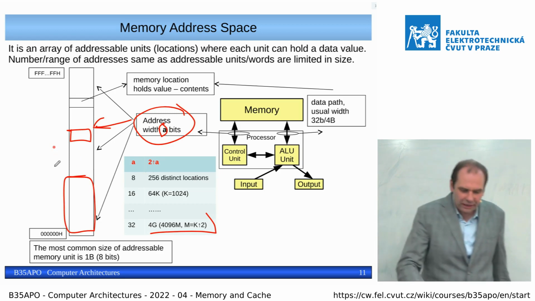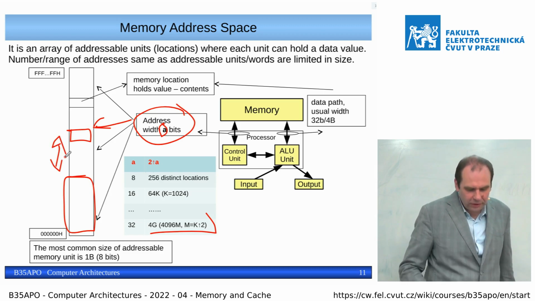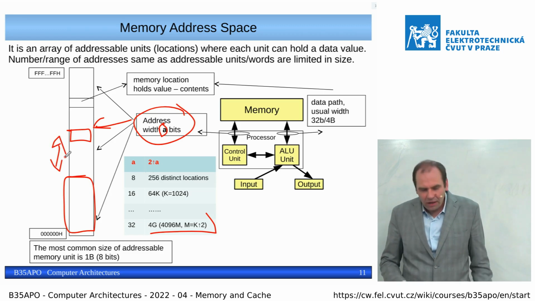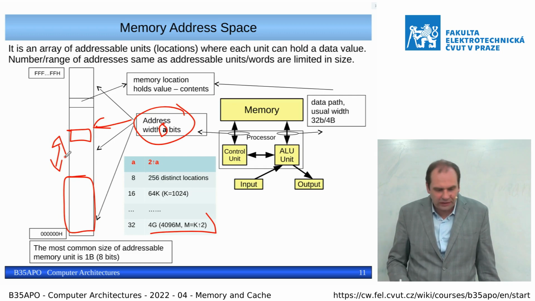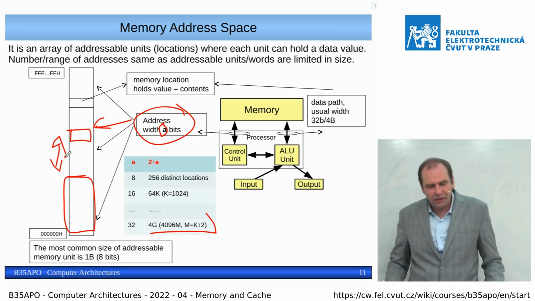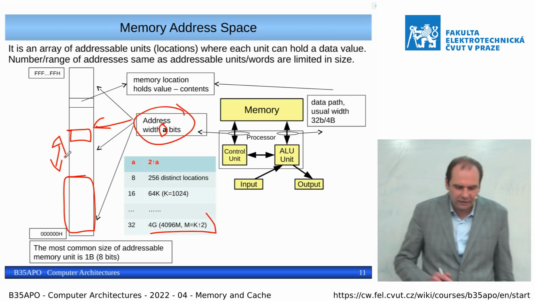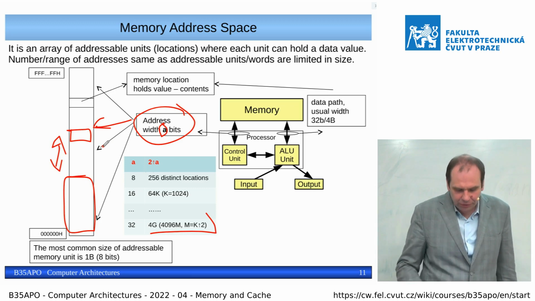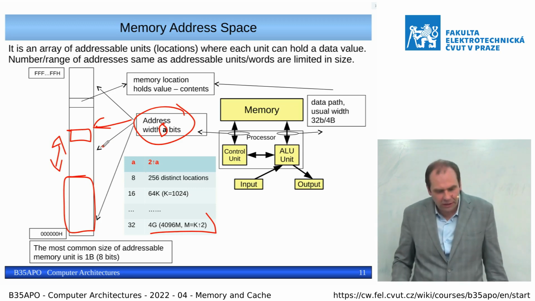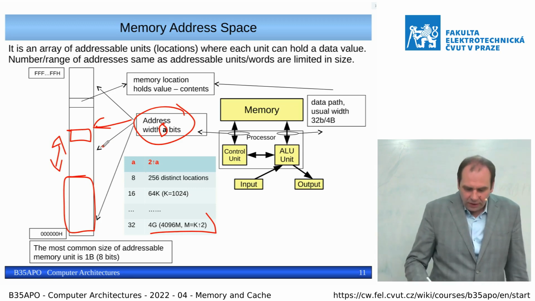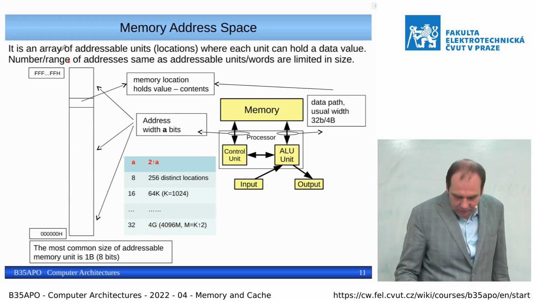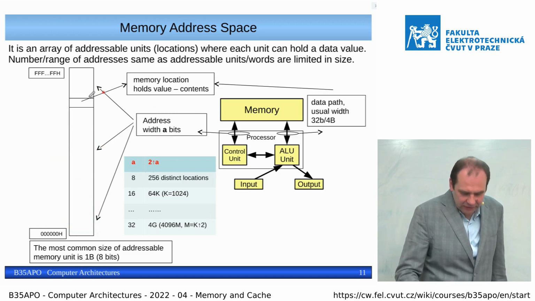So you can have gaps where, if you access this area, you can get, for example, FFFF only, or sometimes you get a response with an exception that you accessed an area which is not allowed to be accessed, and so on. But we can look at it as something like that.